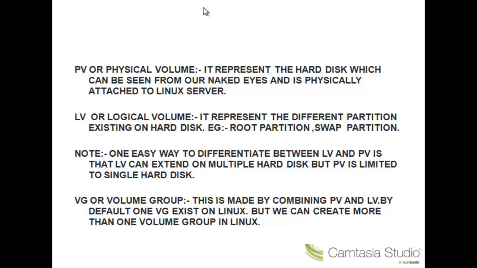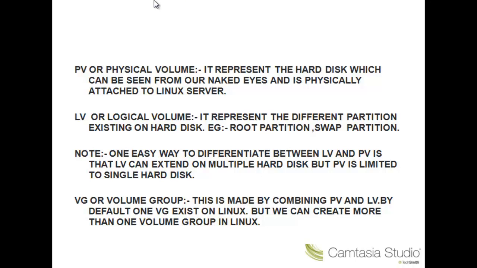LV stands for logical volume. It represents the different partitions existing on the hard disk, like root partition, swap and many other kinds of partitions that we create on the hard disk.